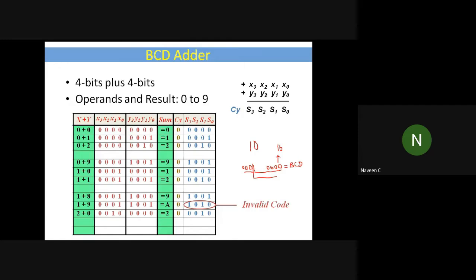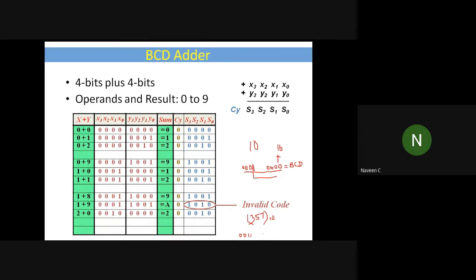So I will give another example. You have 357. This is a decimal number, they are giving one decimal number, and they are asking you to express it using BCD. So how will you express this? For each digit, you have to represent it with 4 bits. For 3 it is 0 0 1 1.